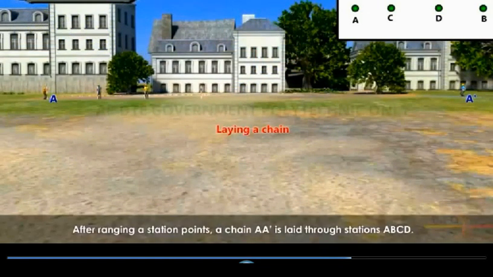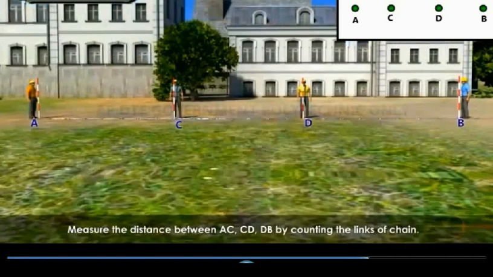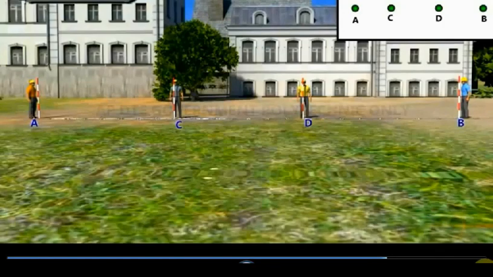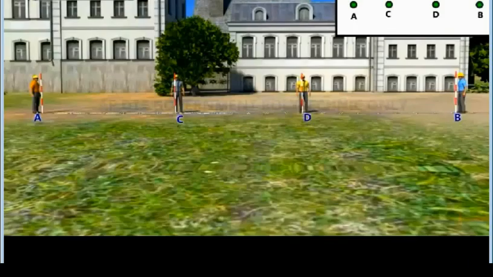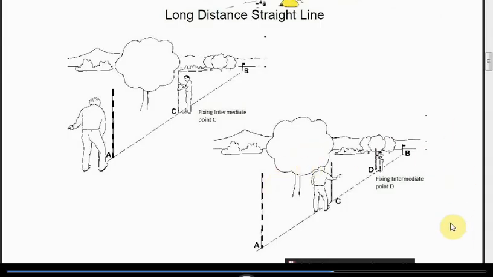So this is direct ranging, where the distance between A and B can be measured using a chain or a tape, and the points A and B are intervisible.